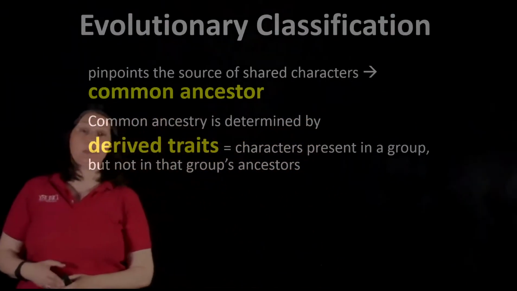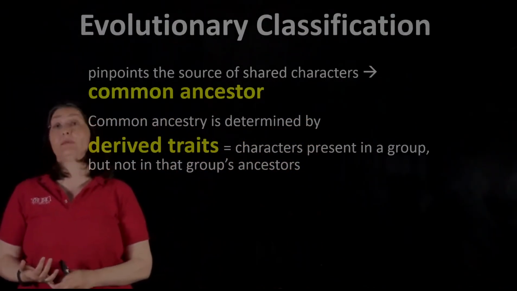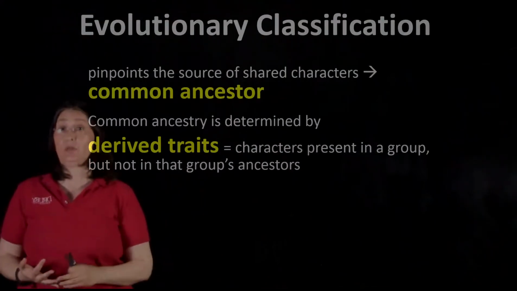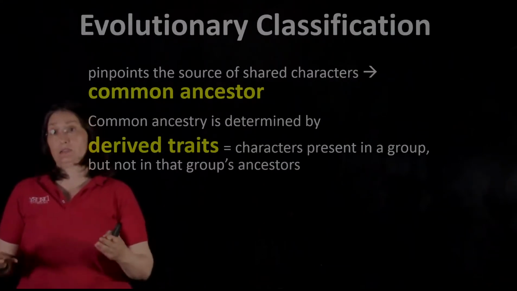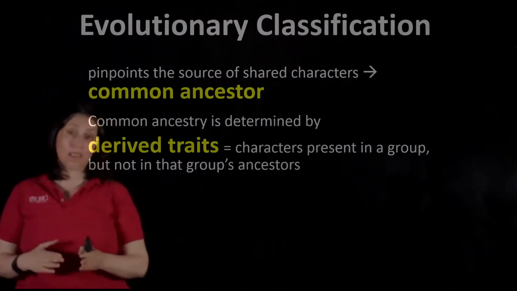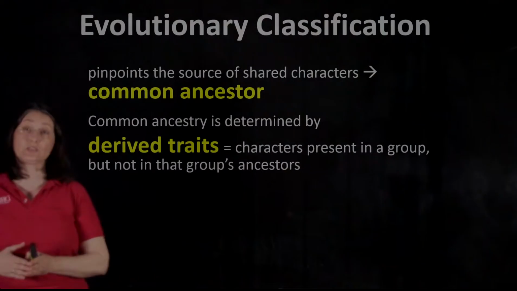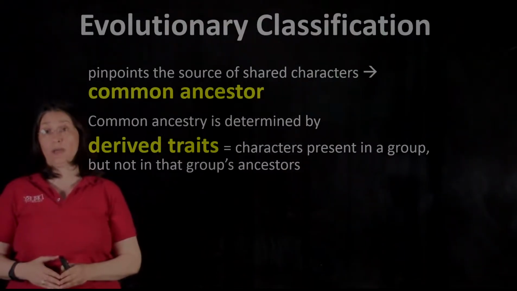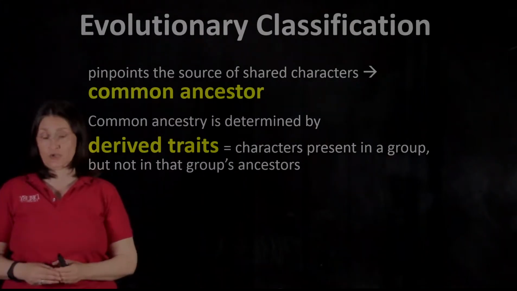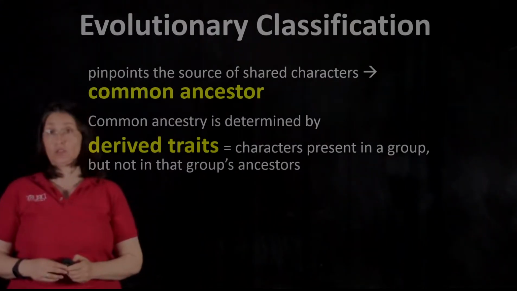So, for example, the existence of mammary glands that define the mammals, or the presence of eyes, or anything that previous ancestors do not have, and that group has acquired through mutations and natural selection. That is called a derived group.